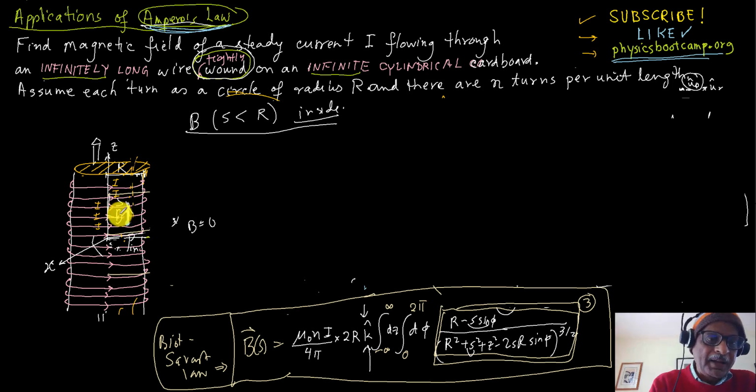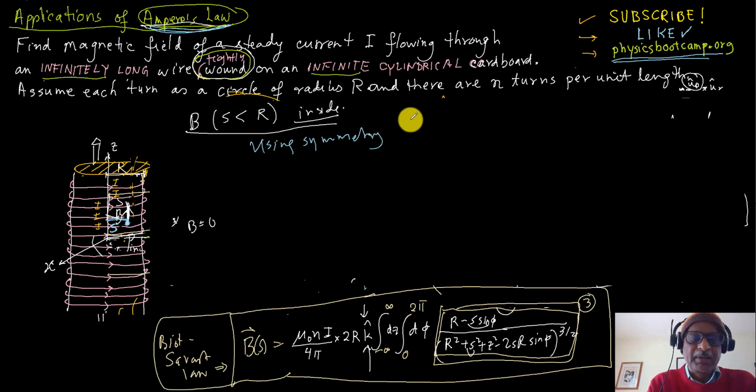The loop will be, again using symmetry, at some point S. Using symmetry, all of these points which are all distance S away should have the same magnetic field.